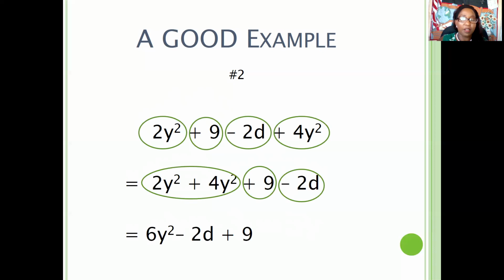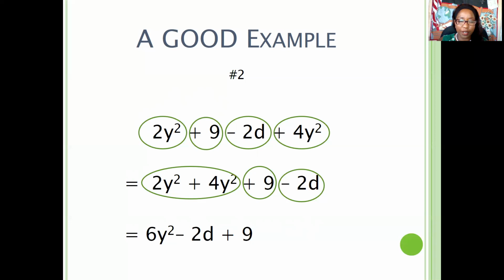All right, we have y squared. So 2y squared plus 4y squared. Then we have the constant that's all by itself, plus 9. And then we have a third term, which is d, minus 2d.